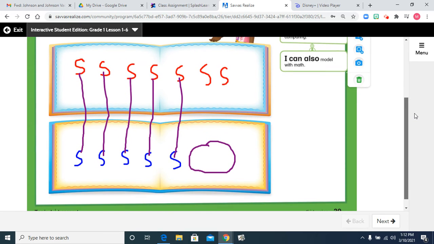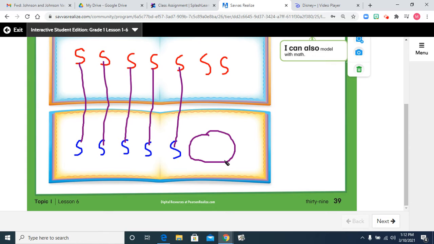Now, if you do that in a subtraction equation, blank minus blank equals blank, you would start with Amy's stickers, which was 7, minus, because we want to know the difference, 5.